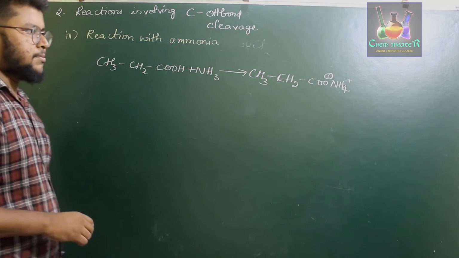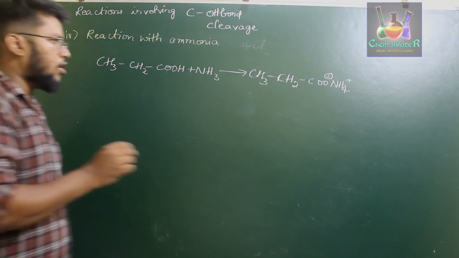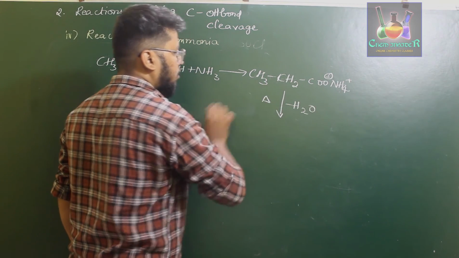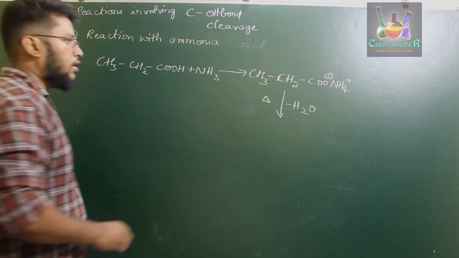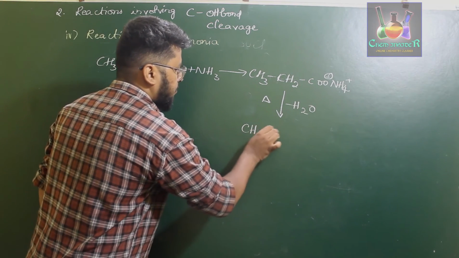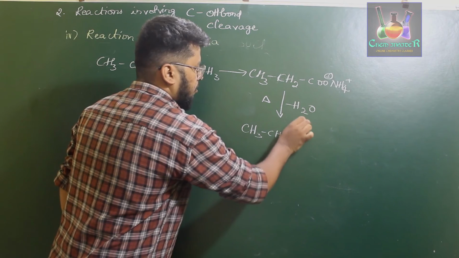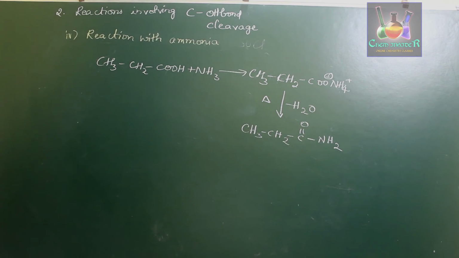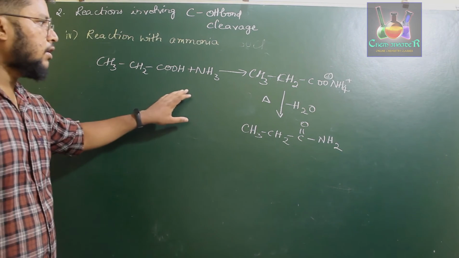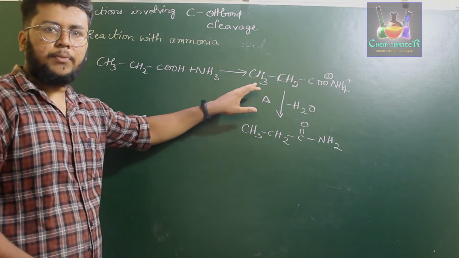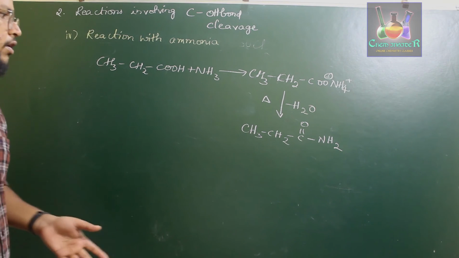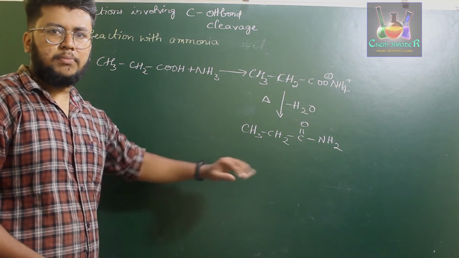This ammonium salt of carboxylic acid, on heating, loses a molecule of water to form the amide, CH3CH2C double bond O, NH2. So when you treat carboxylic acid with ammonia, they form an ammonium salt, which on heating loses a molecule of water to form amides. So this is a simple reaction.